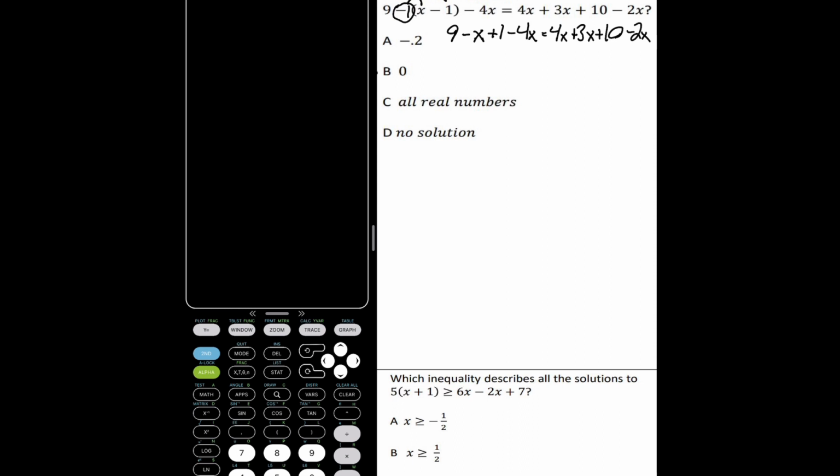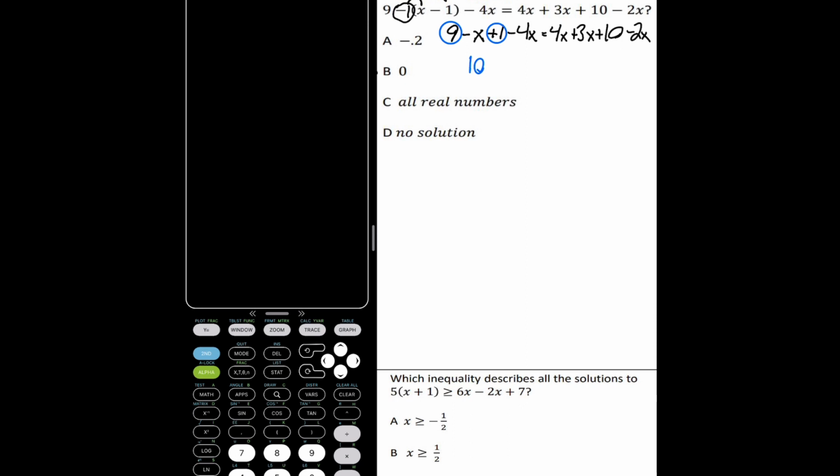Now, before I start moving terms from the left side to the right side of the equal sign, I'm going to combine like terms that are on the same side of the equal sign. So I have a +9 on the left side of the equal sign. I also have a +1 on the left side of the equal sign. 9 plus 1 is 10.